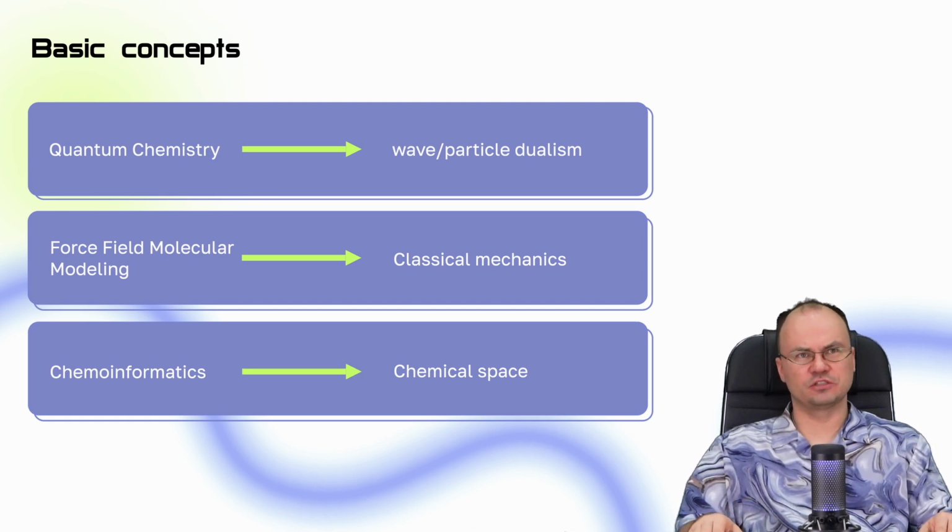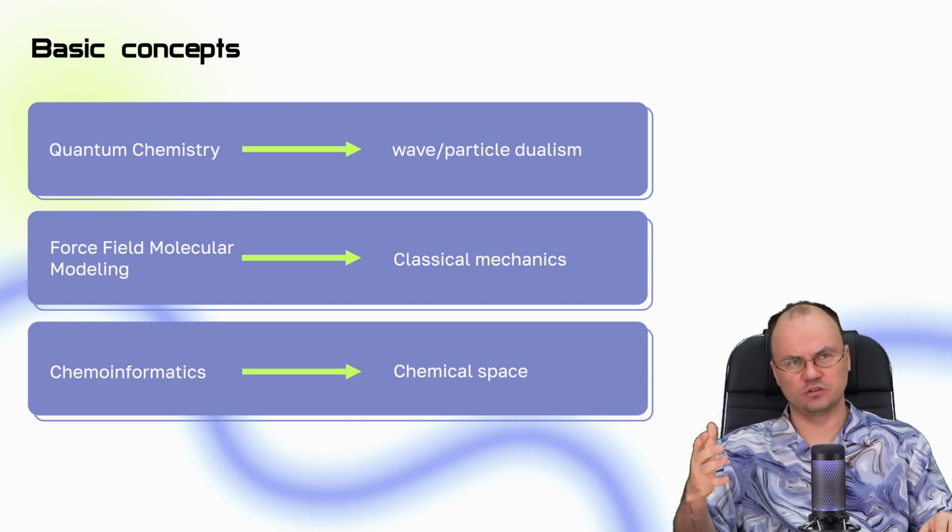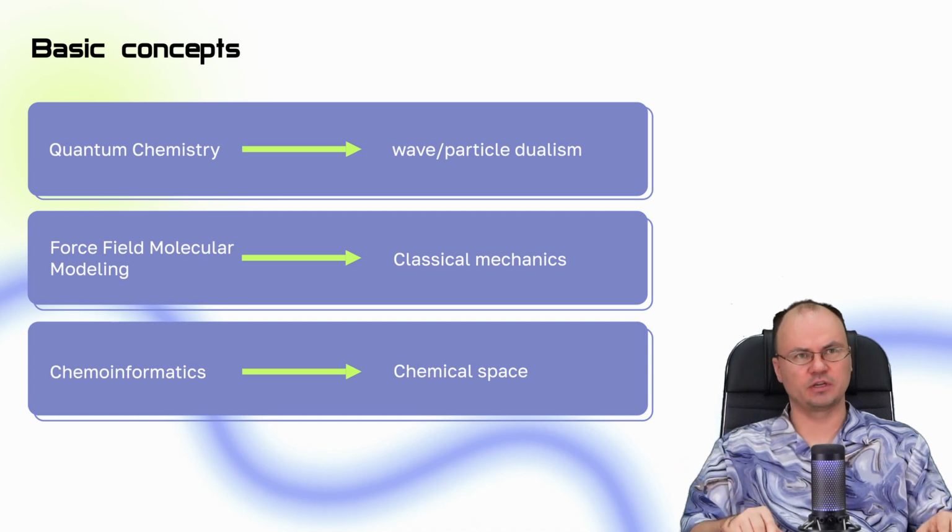These subdivisions are usually artificial, but to simplify, we could say that cheminformatics is the discipline mostly involved in the analysis of the chemical space.